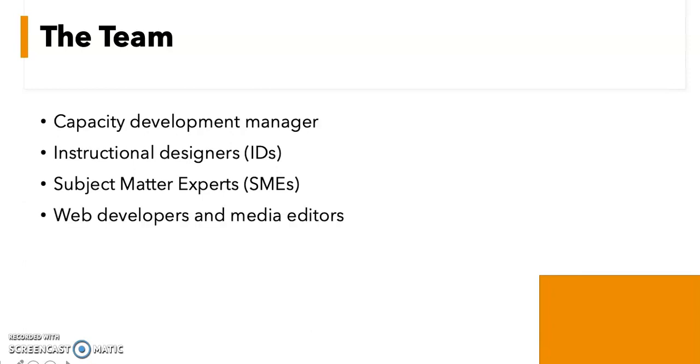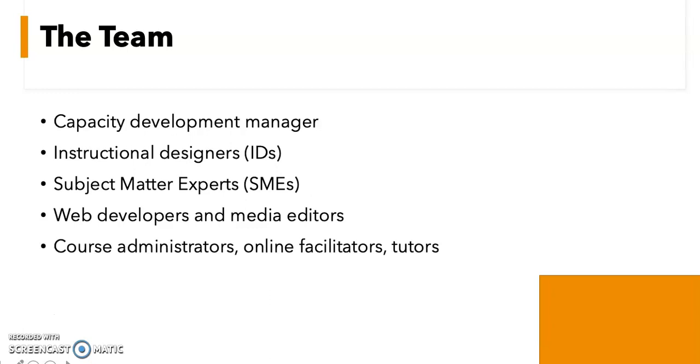Then, on the other hand, there are also web developers and media editors. So these are the people concerned about making sure that the technologies used are appropriate and are accessible to the participants. They are also the ones who make sure that the technologies used are not so complex, such that it already makes the learning experience complicated and difficult.